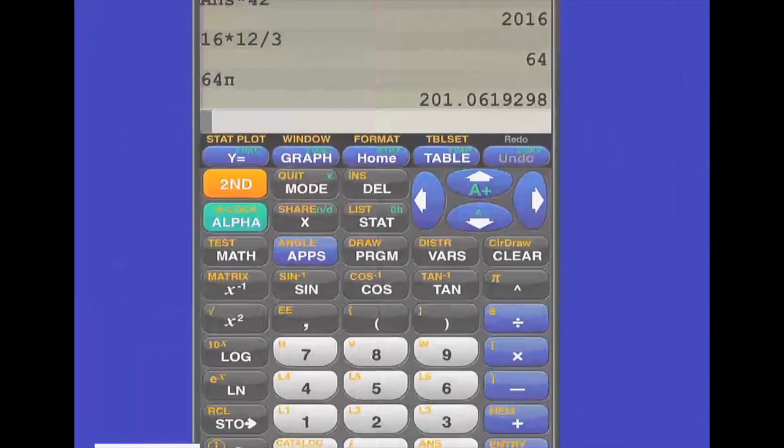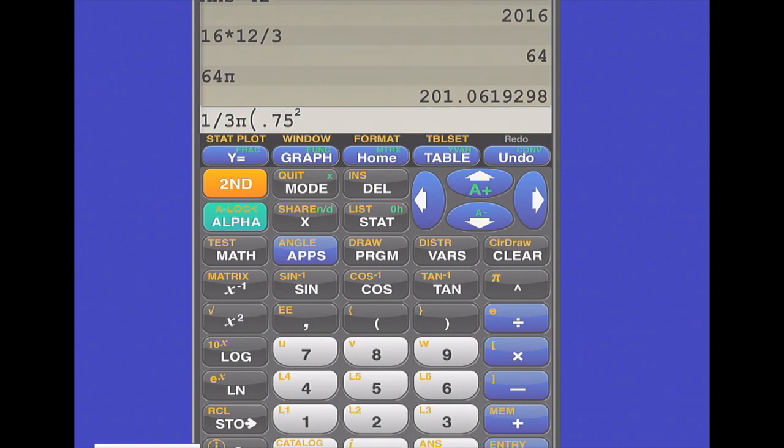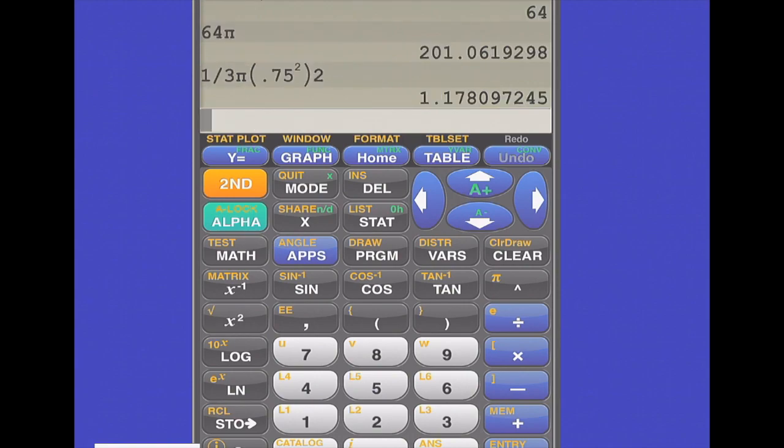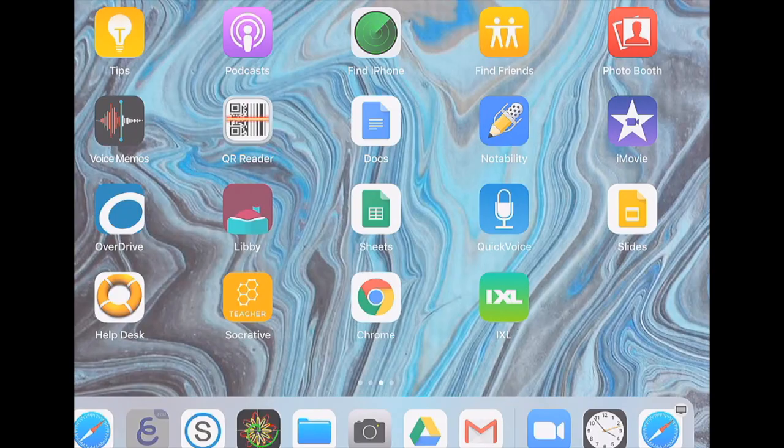So 1/3 pi times 0.75 squared times the height, which was 2 inches, would give me my volume of 1.178, or about 1.2.